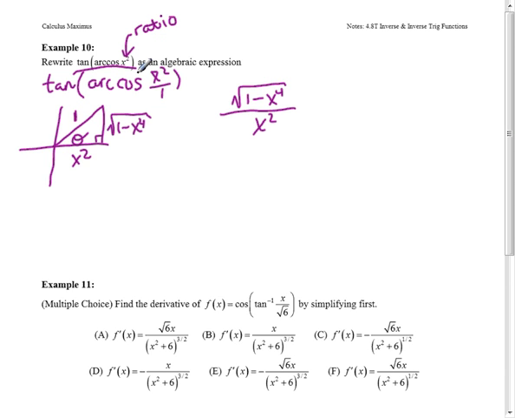So this whole thing, rewriting that as an algebraic expression, looks like this. So it might be useful to rewrite this if we were looking for zeros or undefined values, or maybe even to take the derivative. So we are going to get an example of that in example 11.